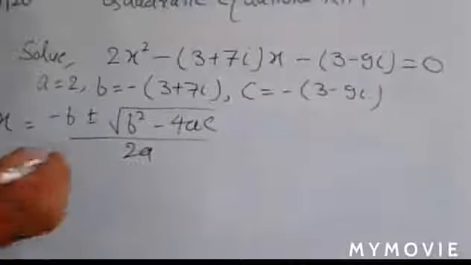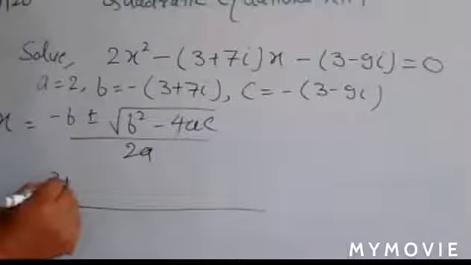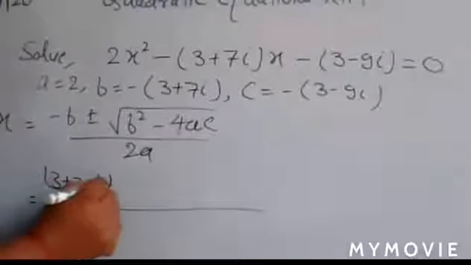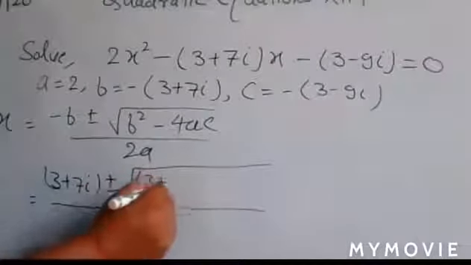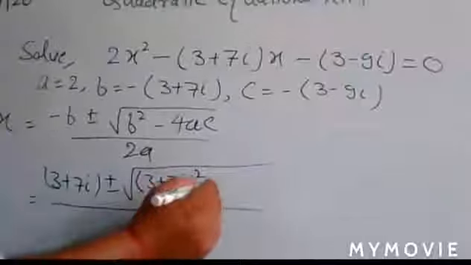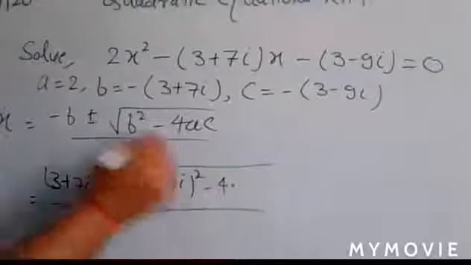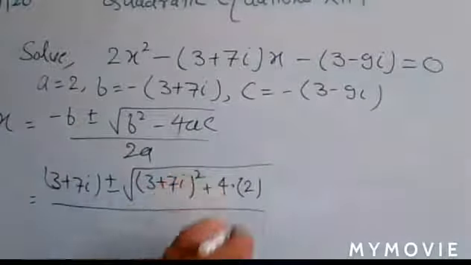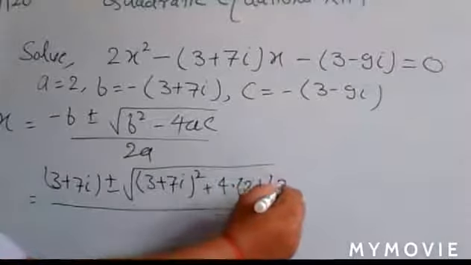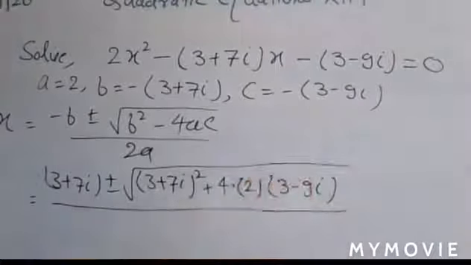Now putting its value, you have (3 plus 7i) plus minus square root of (3 plus 7i) whole square minus 4 times a, c, means 2 into 3 minus 9i. Okay, you have your value in this way.